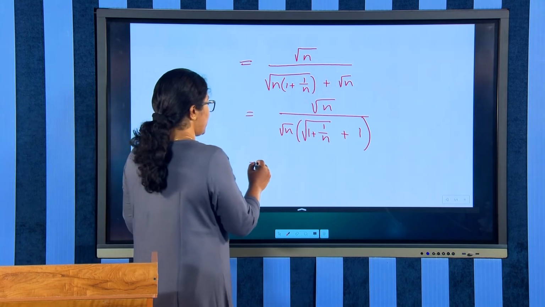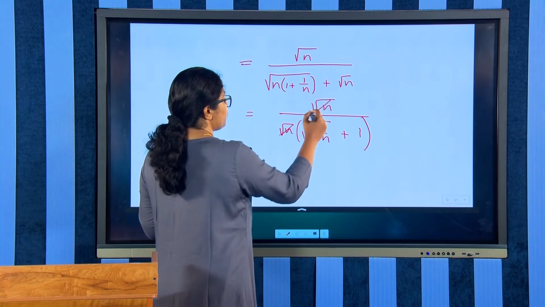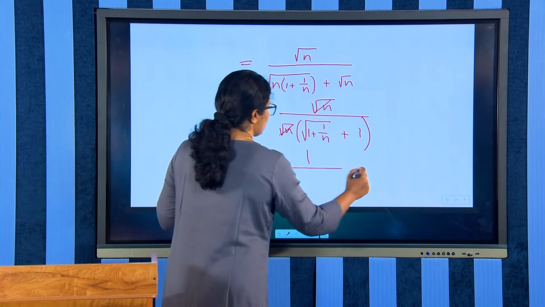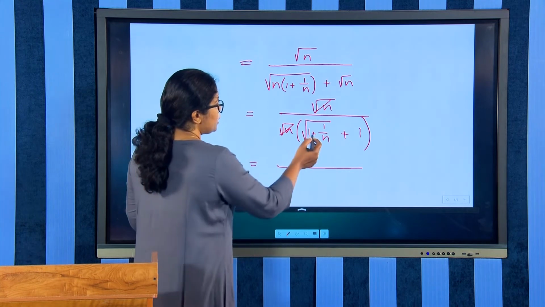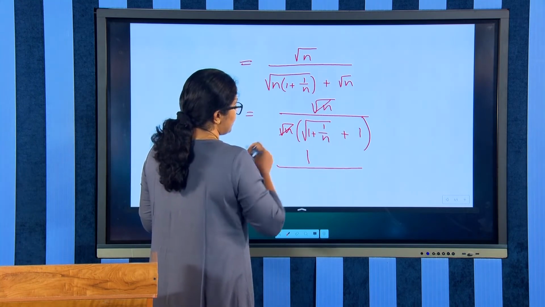So, this is equal to square root of n and square root of n gets cancelled, remaining 1 in the numerator. This goes to 0 as n tends to infinity.